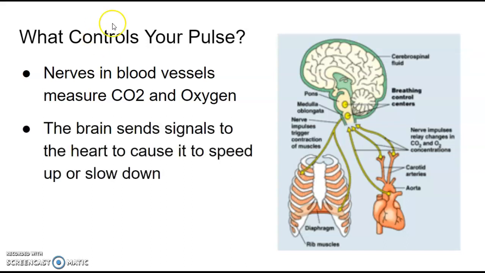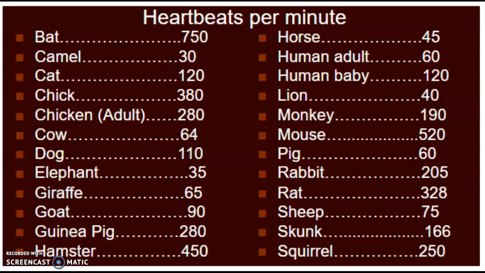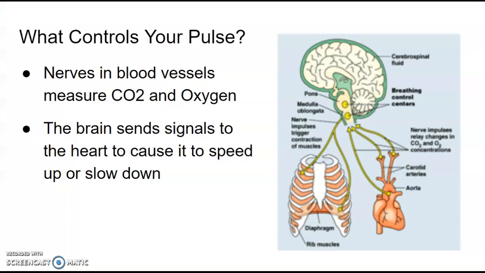So once they're measuring the CO2 and oxygen, they're going to send the signal to the heart, and this will cause it to speed up, or the heart will slow down. And so through this, our body can maintain homeostasis, making sure that the right amount of oxygen is coming in and the right amount of waste is being removed from our blood. We're breathing in the appropriate amount, and also all of our cells have exactly what they need.